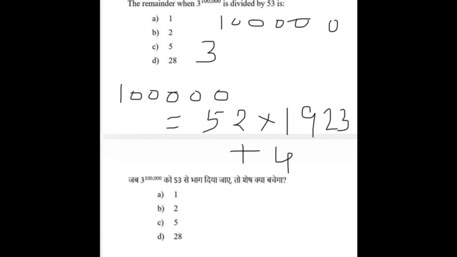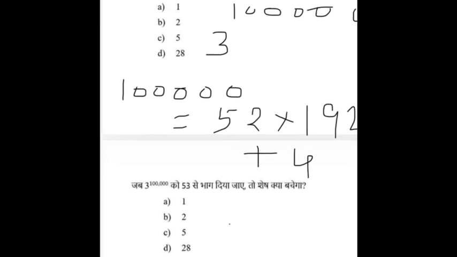Alright, so this means that I can write this as simply 3 raised to power 52, and that raised to power 1923, into 3 to the power 4.